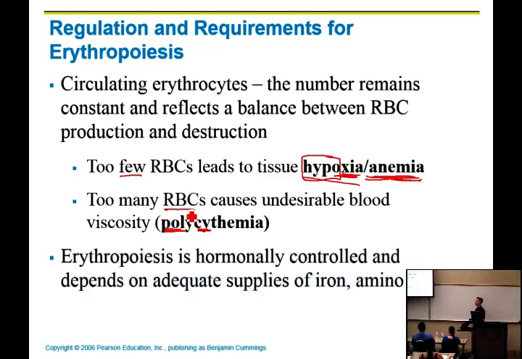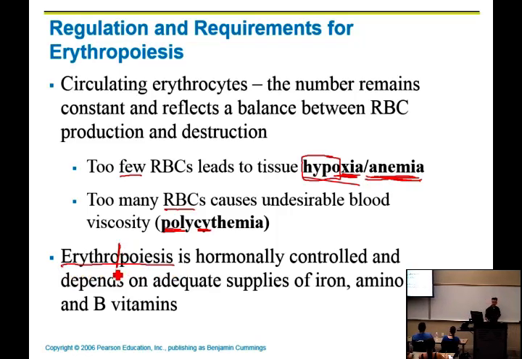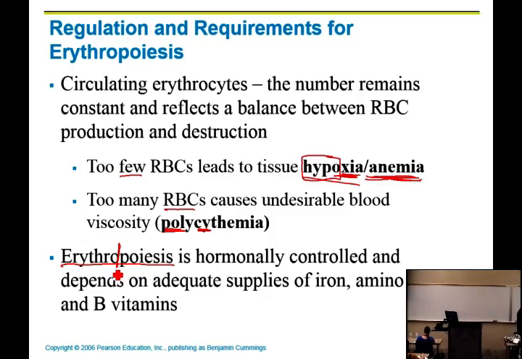So in terms of controlling the amount of red blood cells that we have around and the production of them, remember it's called erythropoiesis, the process of creating those erythrocytes. And there's a number of different kinds of feedback mechanisms that the body monitors to make sure that the number of erythrocytes is going to be high enough. So oxygen levels is going to be a big one. We're monitoring oxygen levels.